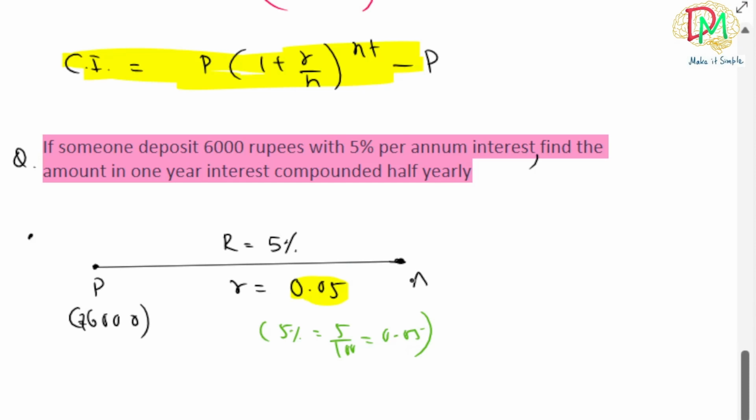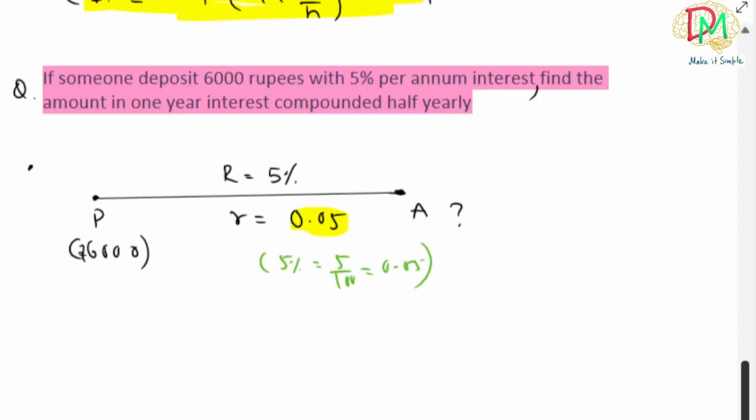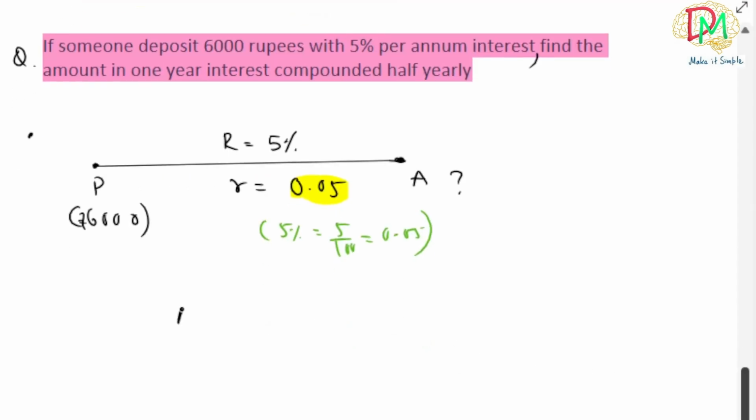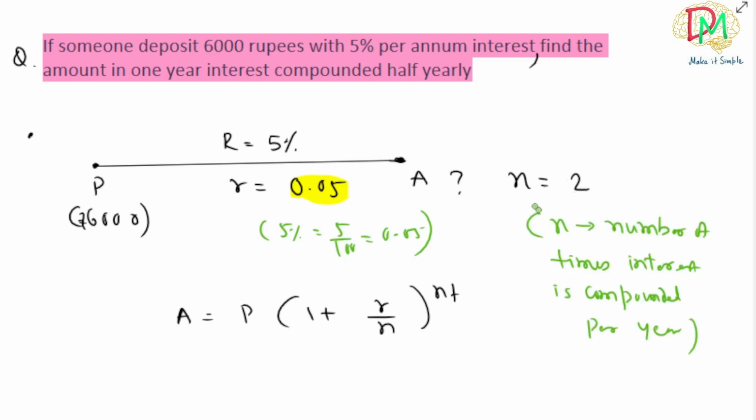And this is the amount. We have to find out the amount. So what is the formula of the amount? Amount is equal to P into (1 plus r by n) to the power nt. Since compounded half yearly, n is equal to 2. Why is it 2?